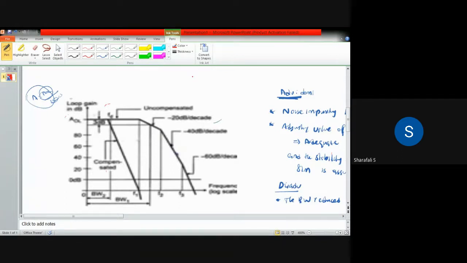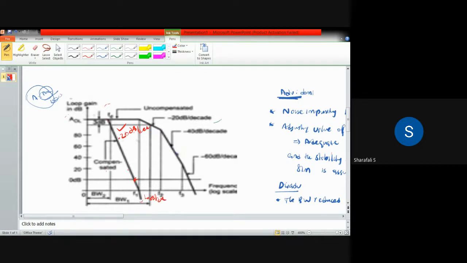But in order to get a very good response, this variation with minus 20 dB per decade has to be up to 0 dB, which means up to the gain value equal to 1. Then it can deviate from that point, and after that it can deviate from that slope and go to 40 dB.